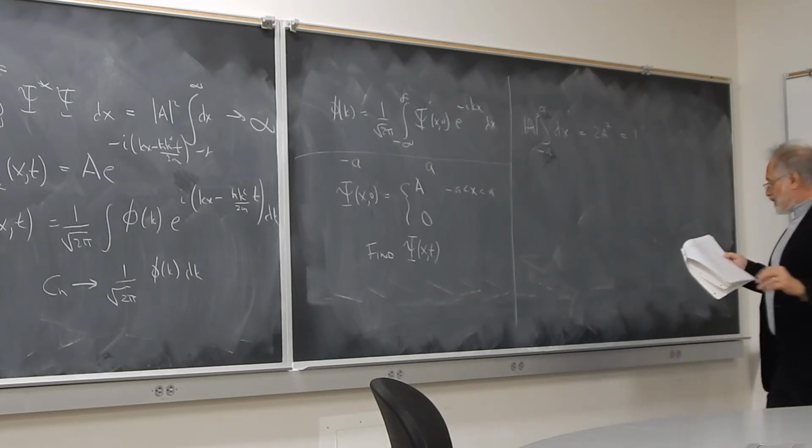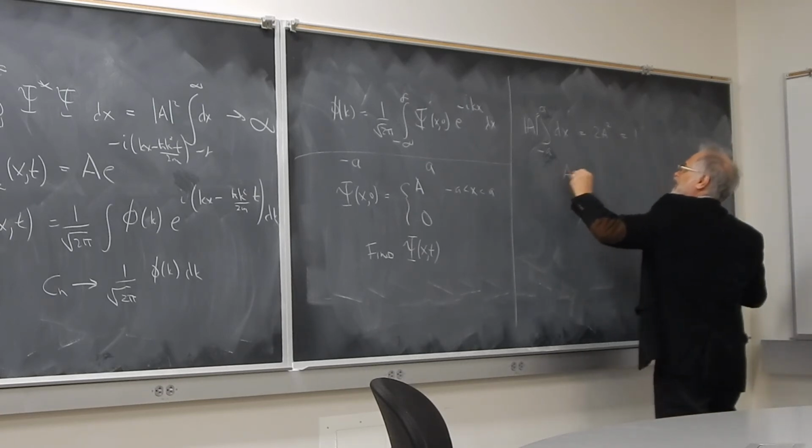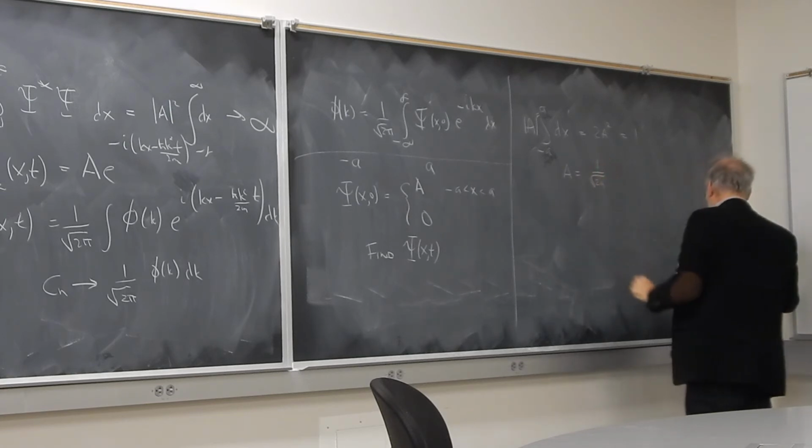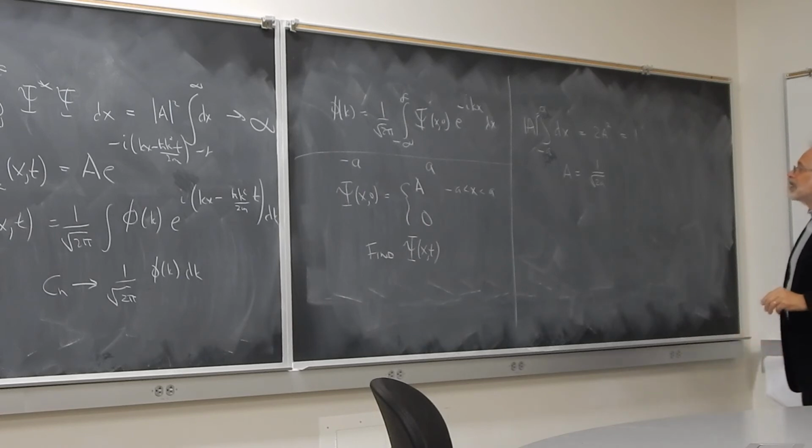It's got to be somewhere. So if I solve for capital A in terms of little a, I get that it's equal to 1 over the square root of 2a.